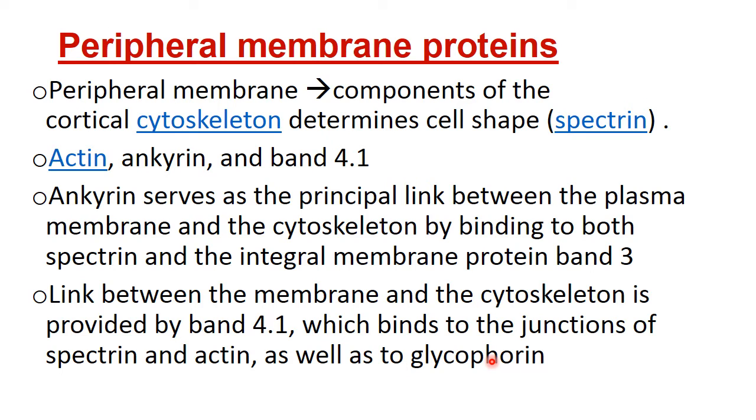The junction of spectrin, actin and glycophorin also binds to form the linkage between the membrane protein and the cytoskeleton, which is provided by band 4.1.